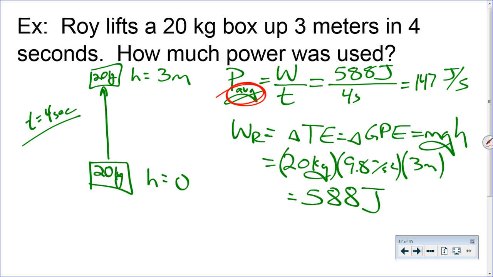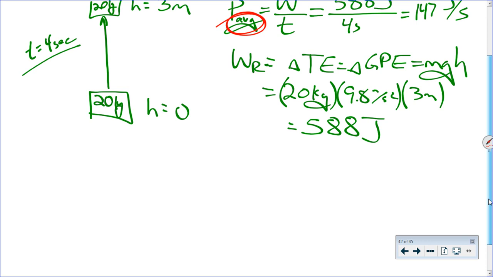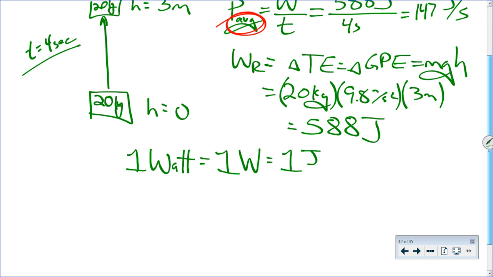Okay? Now, it turns out that power is a fairly common thing, and so this thing, joules per second, has a name. We call it watts. So 1 watt in the land of science, 1 watt, capital letter W, is equal to 1 joule per second. Okay? So for us, the average power that Roy generated lifting this thing was 147 joules per second.